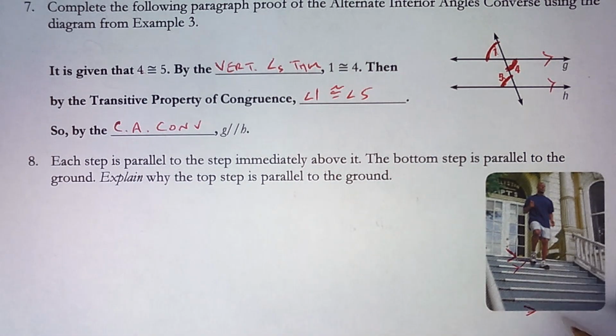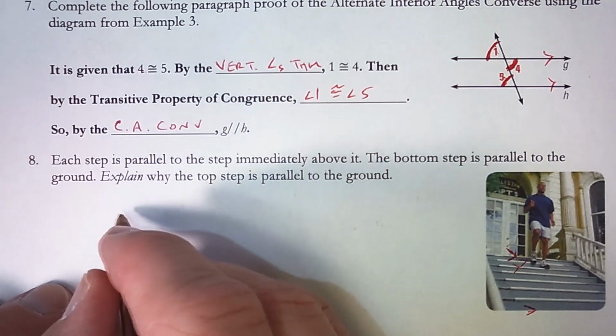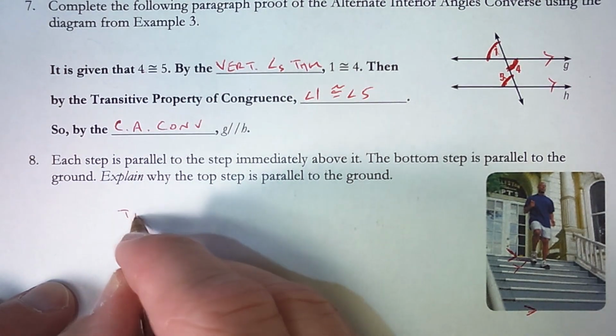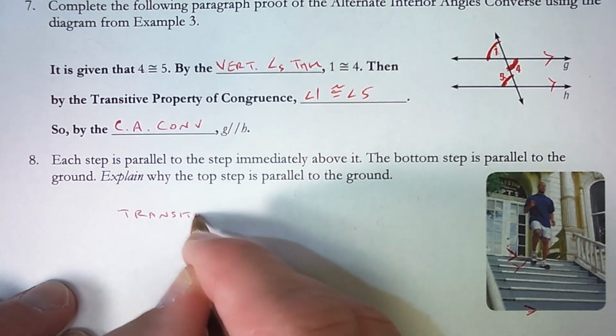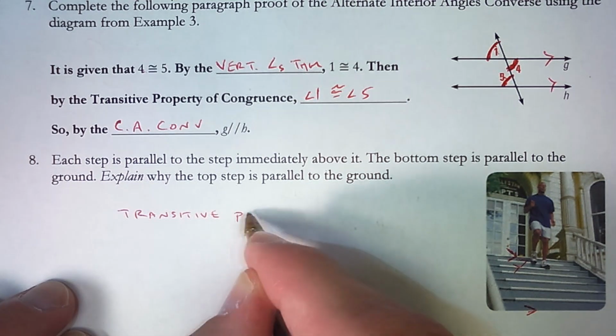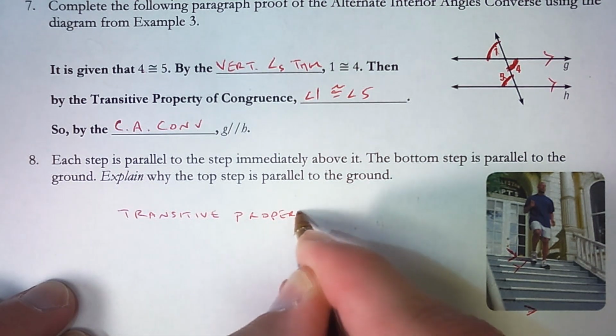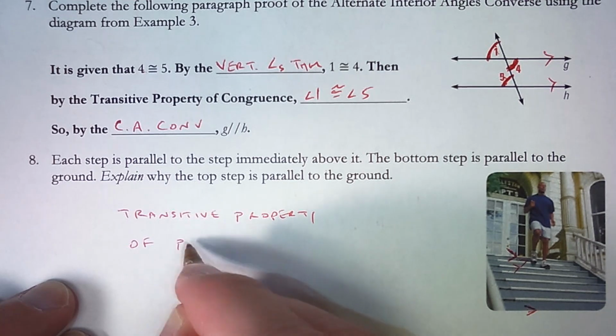So every step is parallel to every other step, including the ground, based on the transitive property of parallel lines.